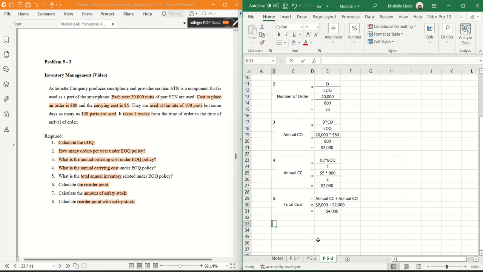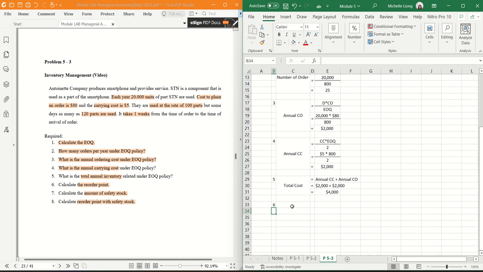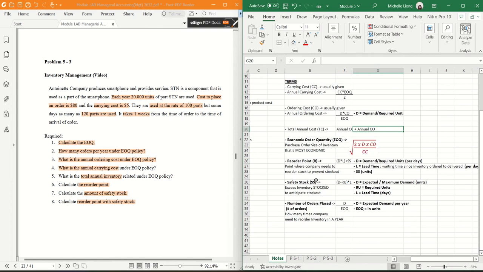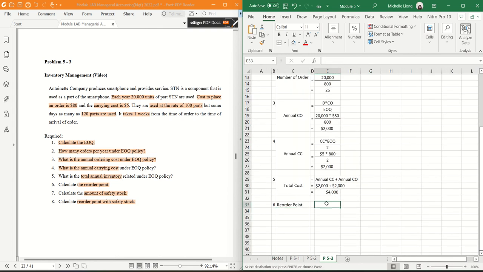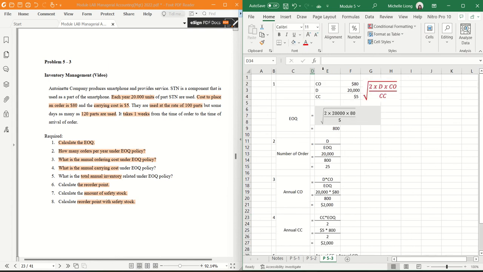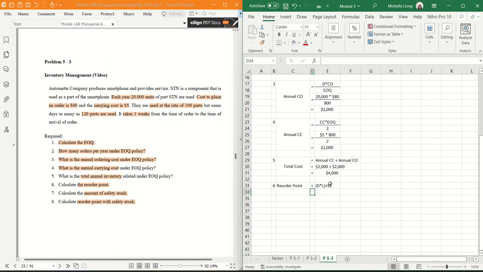Number six is the reorder point. Go back and see: reorder point is D times L plus SS. The D we got already, but the L and the SS we haven't found.